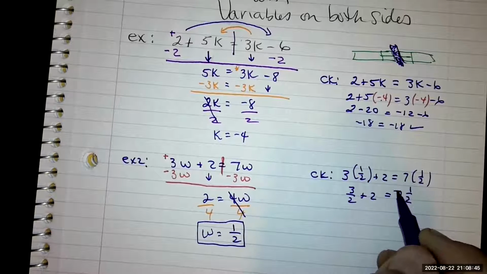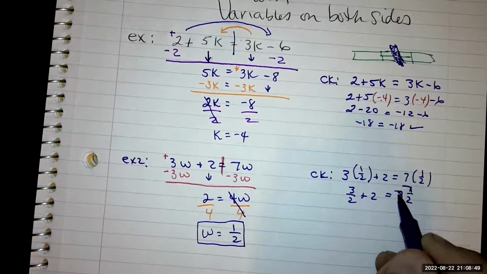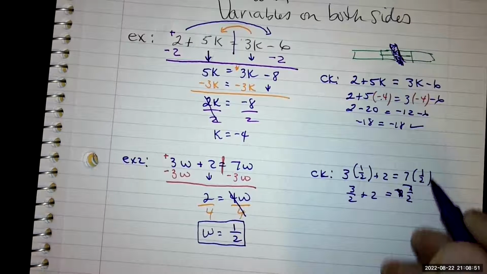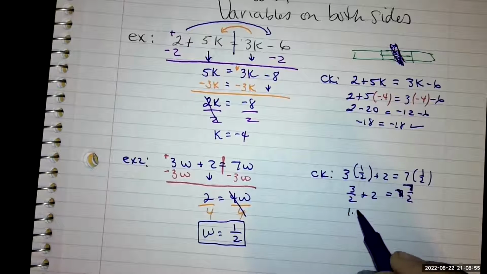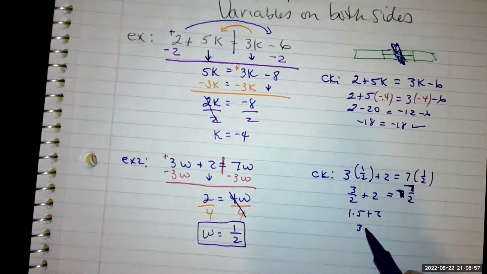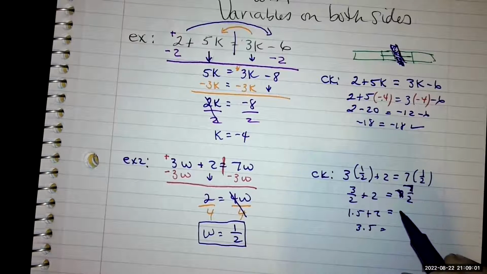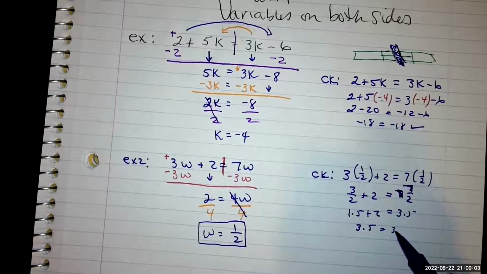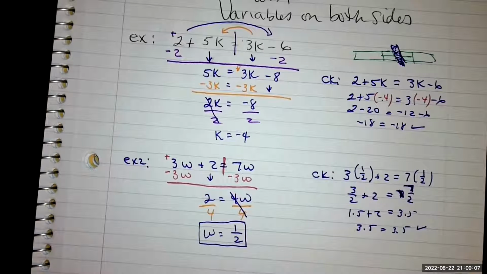I say 7/2. I don't know what I'm thinking. My goodness, 7/2. All right, this is 1.5 plus 2, which is 3.5. If I divide 2 into 7, I get 3.5. So it checks. All right, so that'll be the last one I kind of check. I just want to show you how it works.